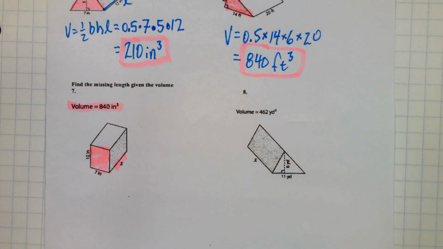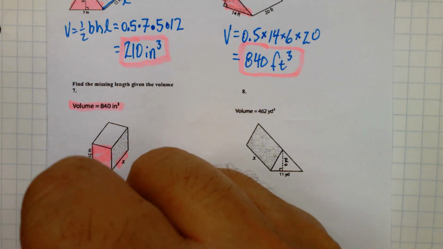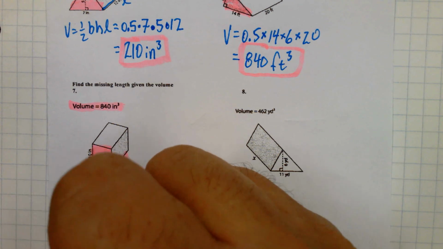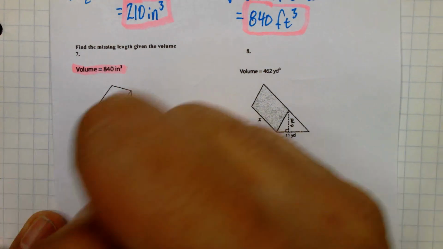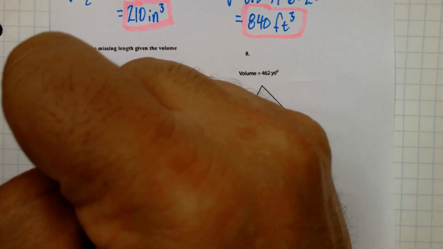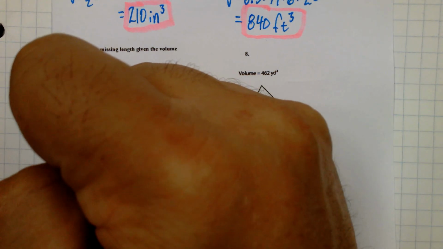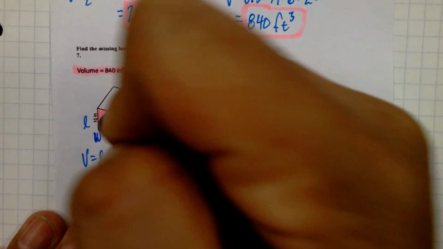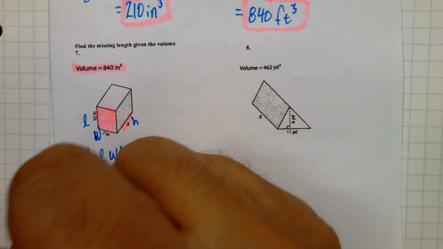I'm going to say that's the base. So I'm going to write down the formula. Volume is length times width times height. Okay. So I'm going to say this is the height. Okay, this would be the length maybe, and this would be the width rather. So 10, 7, and x.